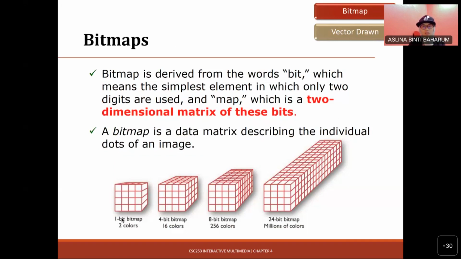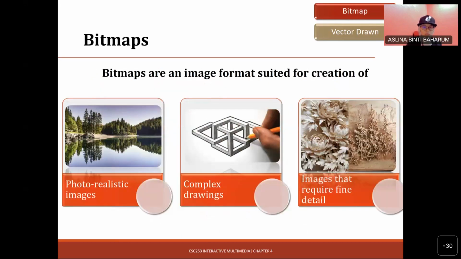So this is 1 bit bitmap, 2 colors; 4 bit bitmap, 16 colors; 8 bit bitmap, 256 colors. This one is 24. The map is the dimension. That's why the more colors you have, the more blocks you will see, and if the blocks increase, of course the bits will also increase.